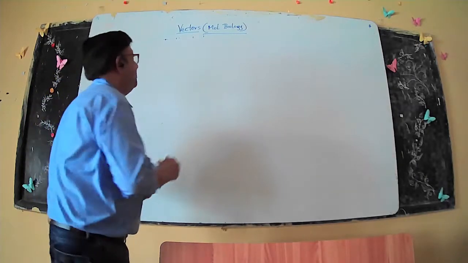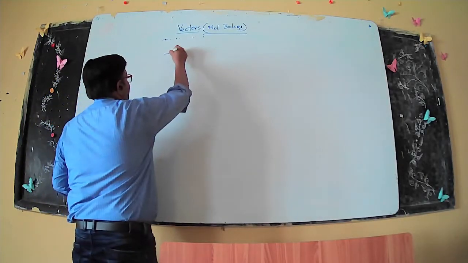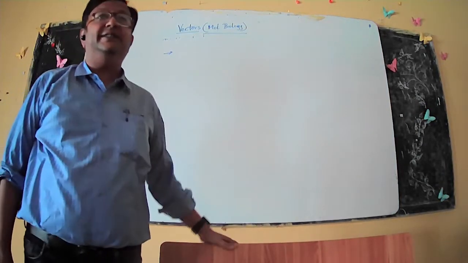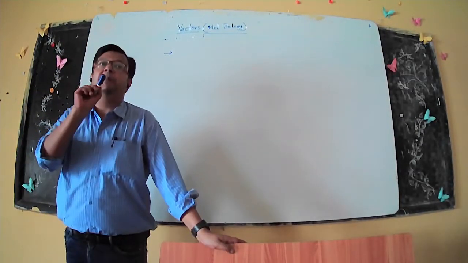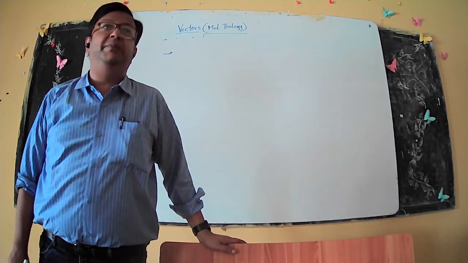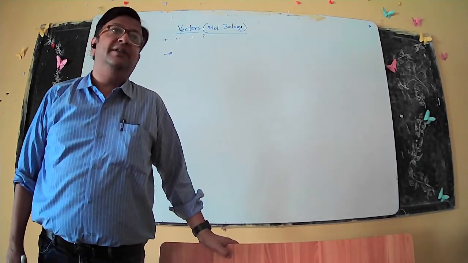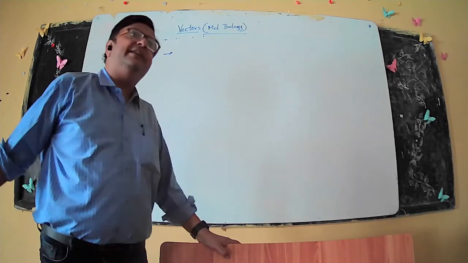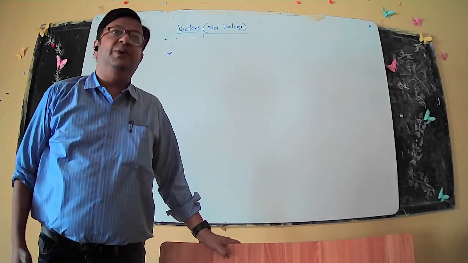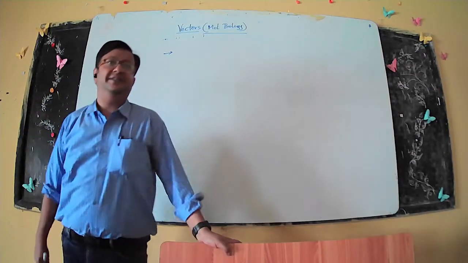So what are the powers it gives? First thing is, it gives antibiotic resistance. It's a big problem nowadays in hospitals. These bacteria are resistant to all sorts of antibiotics. Why? Because they have developed these plasmids.